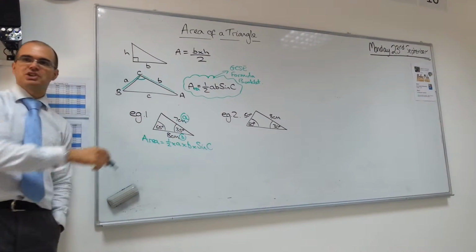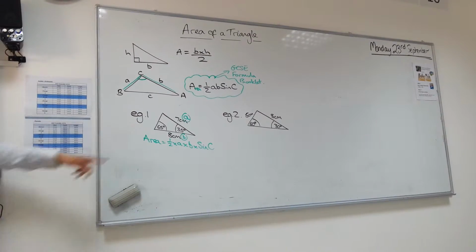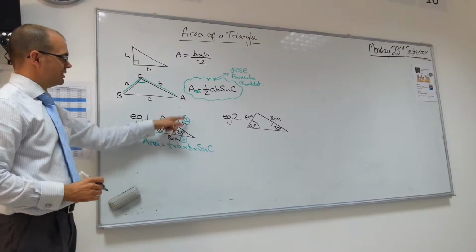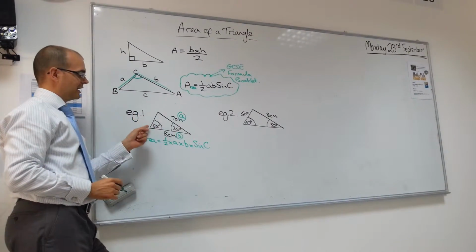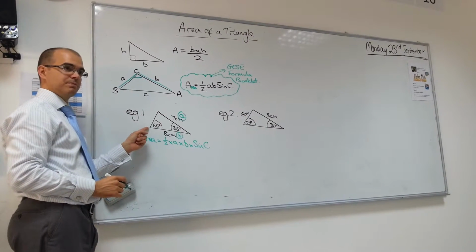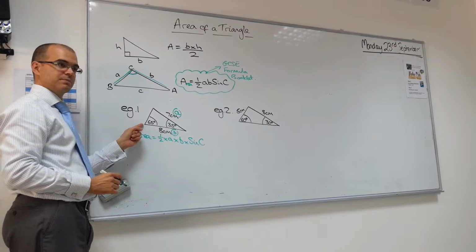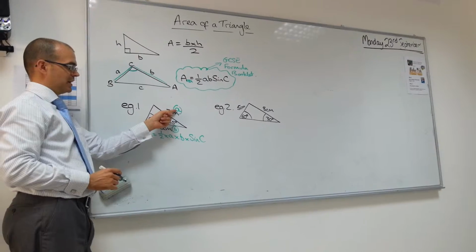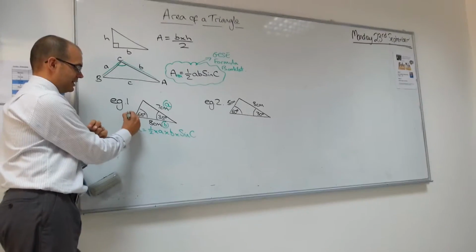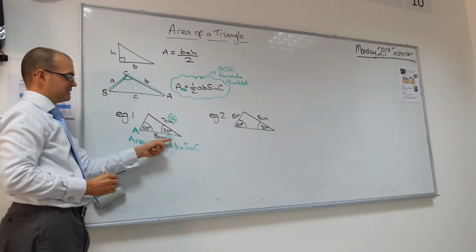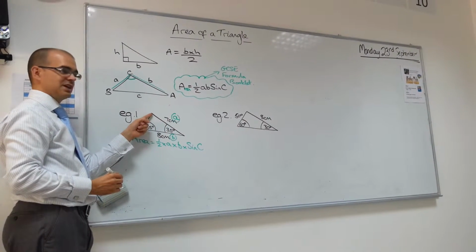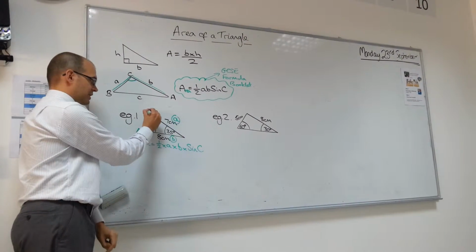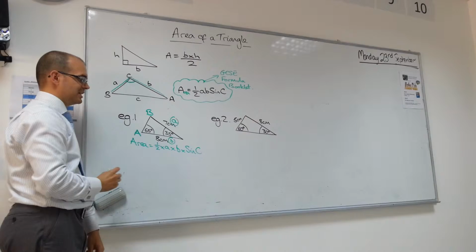Does it matter which is which? No, of course not. Now if they're sides a and b, what angle is this going to be? If side a is there, directly opposite is angle A. If this is side b, directly opposite is angle B. So where therefore is angle C got to be?